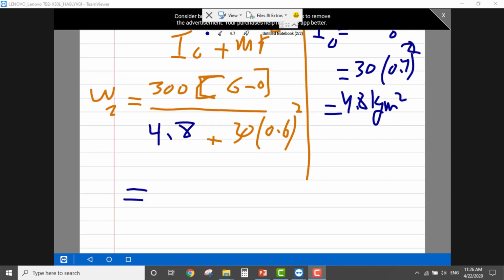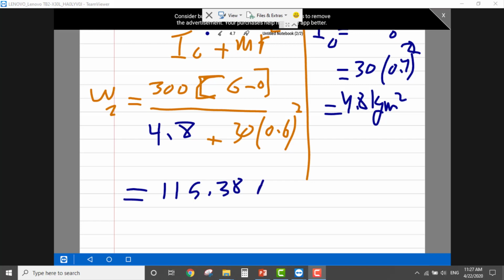So here I write 4.8, using again my calculator. So this is 4.8 plus 30 multiplied by 0.6 squared, and 300 multiplied by 6 is equal to 115.38 rad per second.